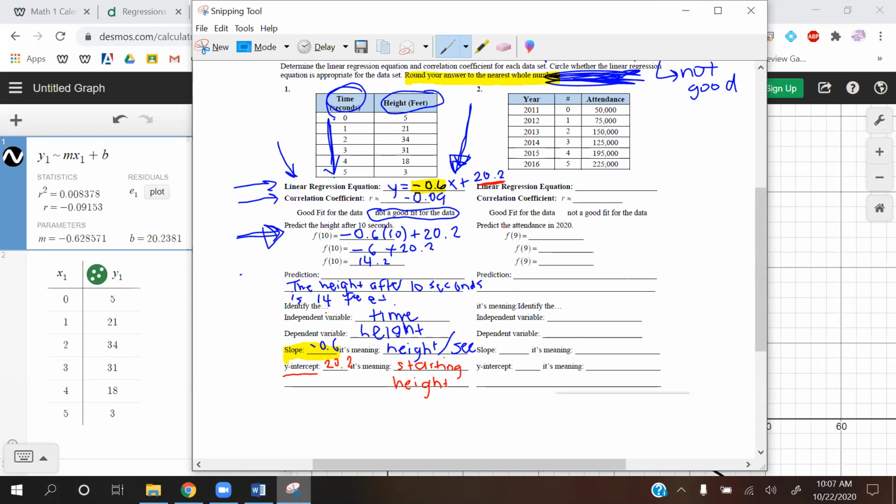And we said the linear correlation coefficient was negative 0.09, which is so close to 0. This was a terrible fit for the data. When you look at our graph, look at how our black line barely passes through the green dots. Of course, it's a terrible fit for the data.